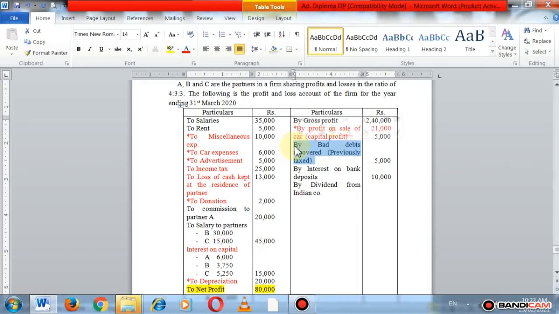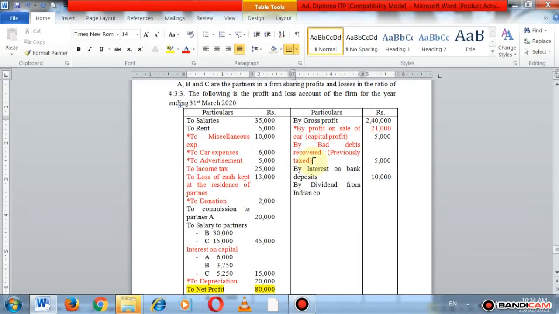So here in the current year the bad debts is recovered. Previously taxed means the previous year bad debts is recovered in the current year and it was taxed in the previous year. So in the current year it is not an income of the business, because in the previous year the income tax said that the bad debts is not a business loss.